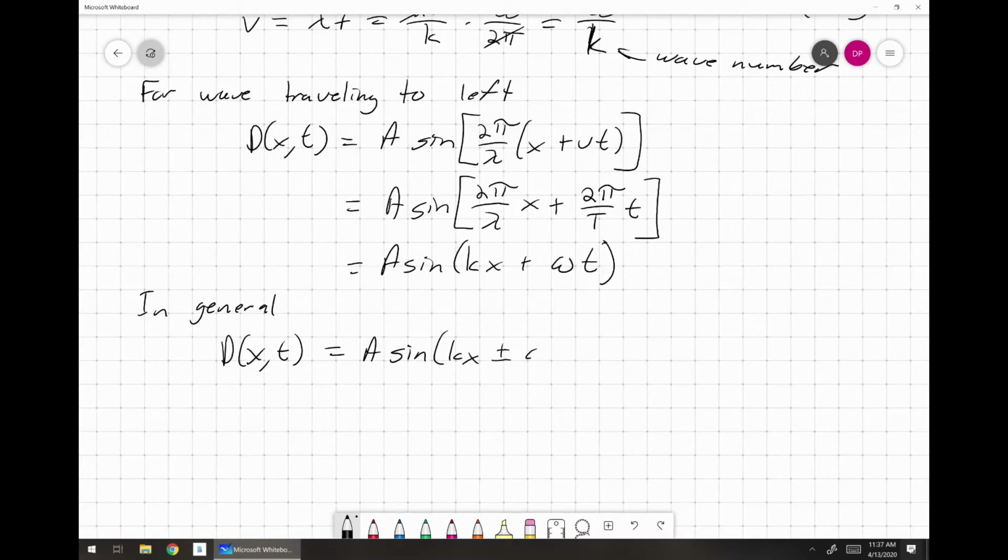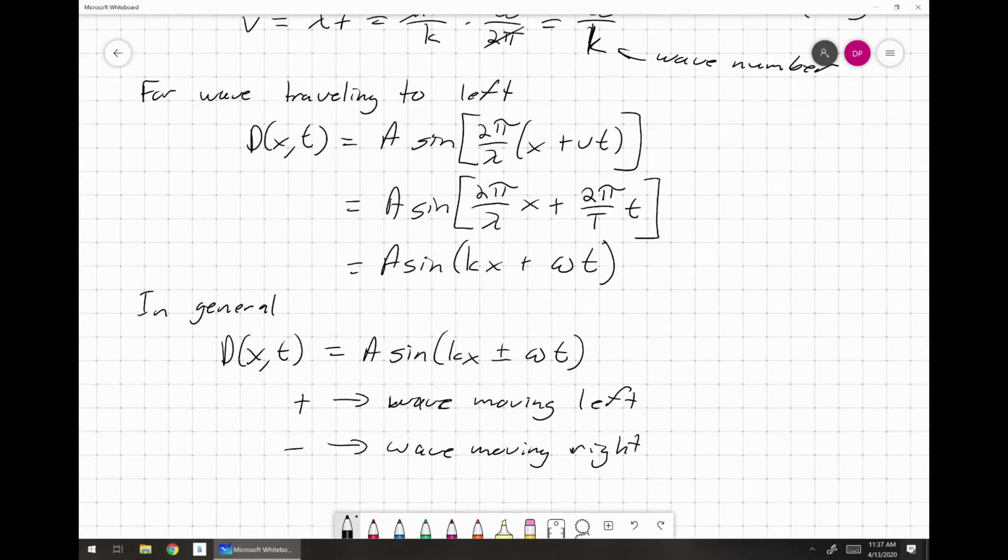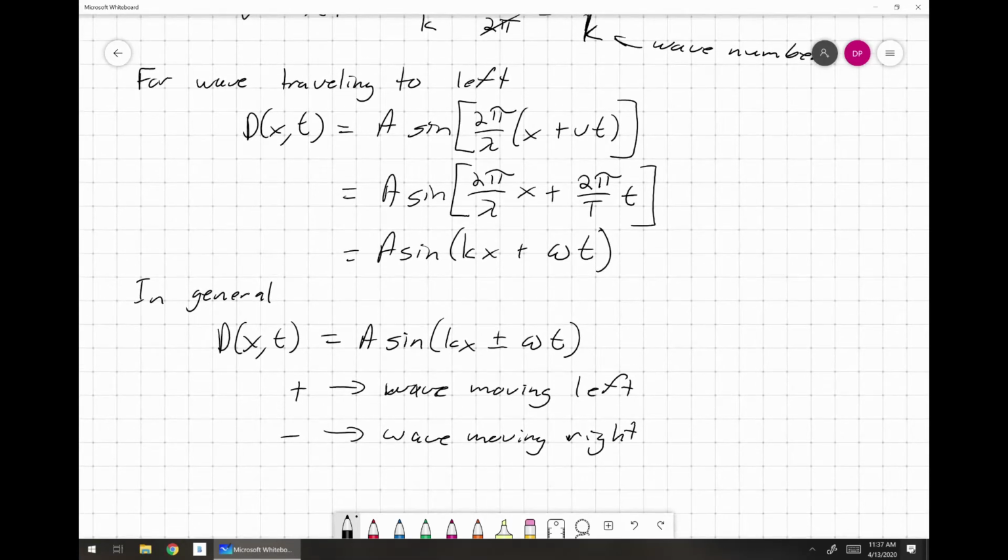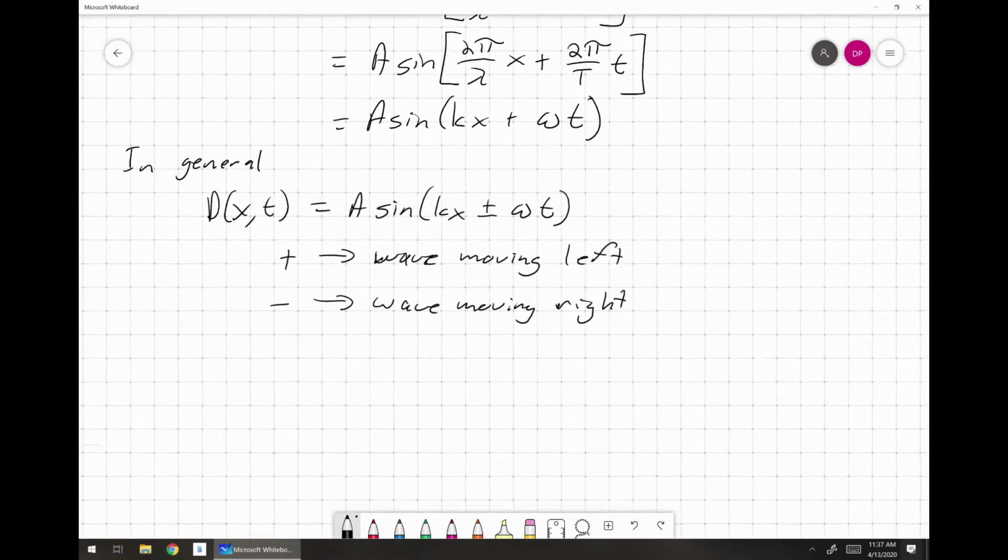Now, plus or minus omega t, where the plus case is the wave moving left, and the minus case is the wave moving to the right. Okay, so that is how we describe a wave that is moving.